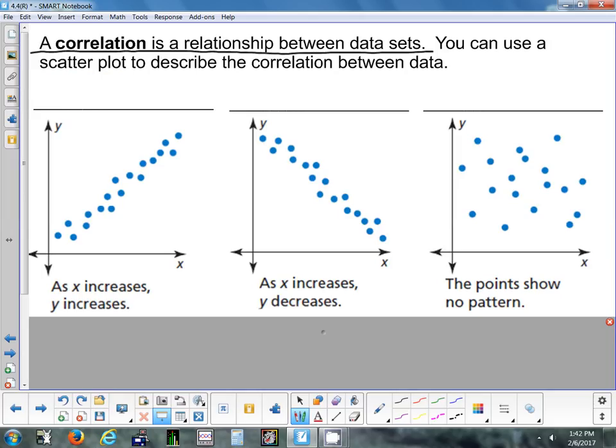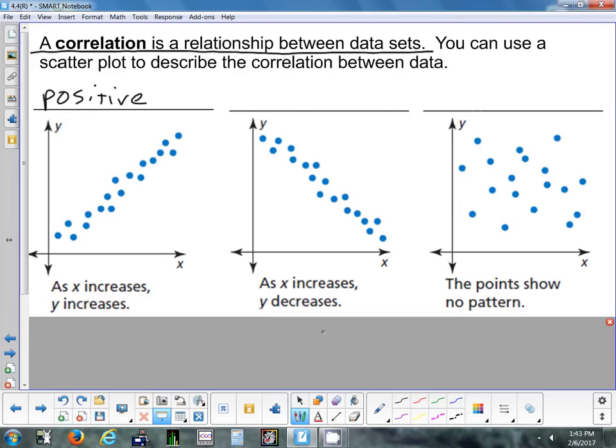Okay, and there's 3 different types of correlations. And I think we already hinted at the first one. Does anybody remember what I said the first one is called? Yeah, it's called a positive correlation, which means as x goes up, y goes up.